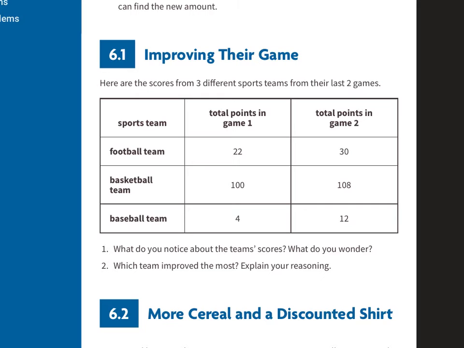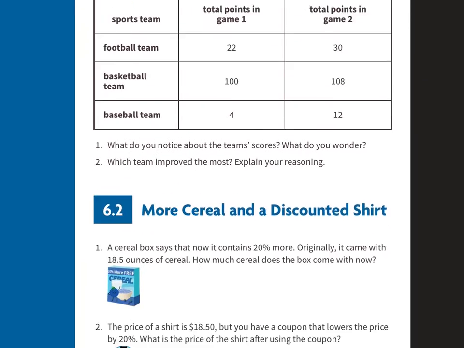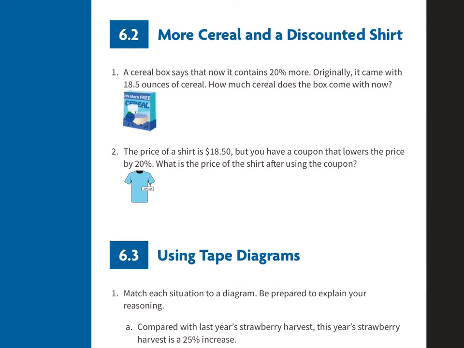Okay, so if we turn the page, 46. It says, a cereal box now contains 20% more. Originally, it came with 18.5 ounces of cereal. How much cereal does the box come with now? Okay, there's a couple different ways we can do this. If you think of the original box, there was 100% in there.